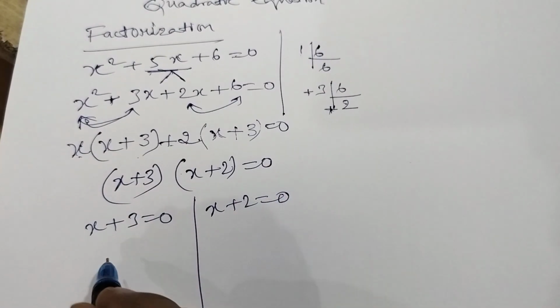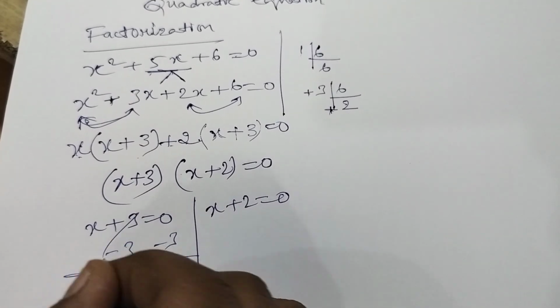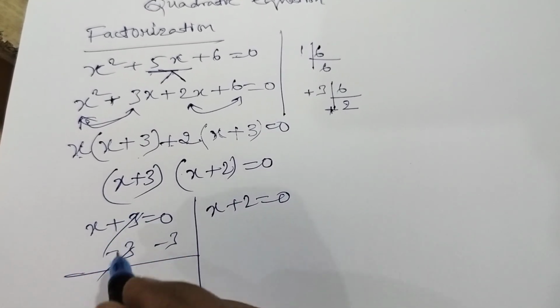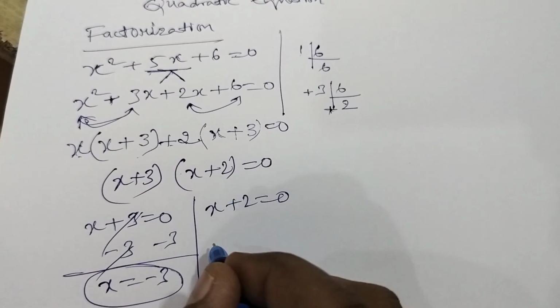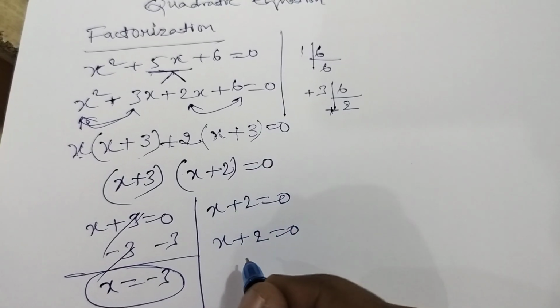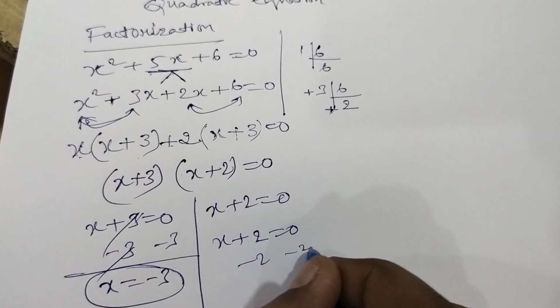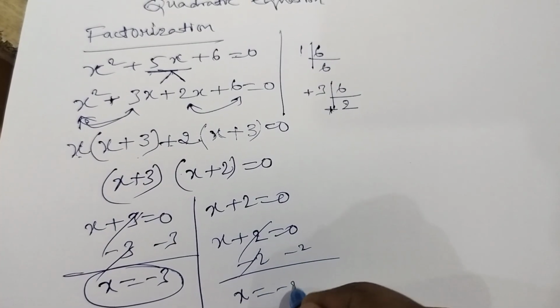Now the value of x: take negative 3 on both sides, so plus 3 and minus 3 get cancelled, and one value of x is negative 3. For the other value, x plus 2 is equal to 0, so negative 2 on both sides, plus 2 and minus 2 get cancelled, so x is equal to negative 2.